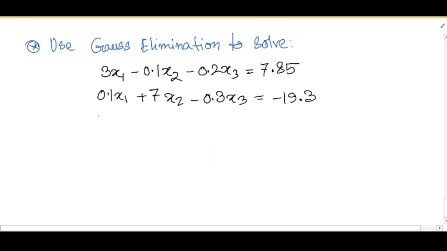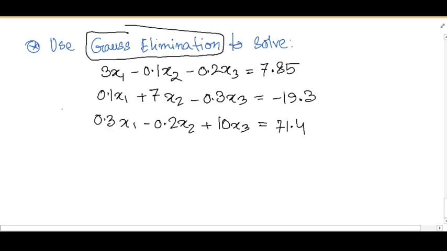And the third equation is 0.3 x1 minus 0.2 x2 plus 10 x3 equals 71.4. So these three equations are given there. This is a system of linear equations. Apply the Gauss elimination technique to solve it.